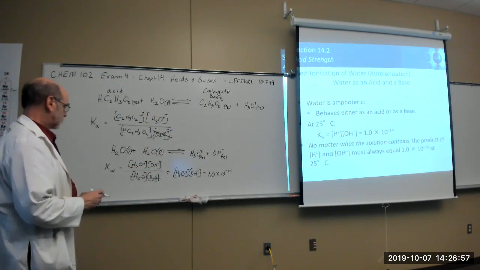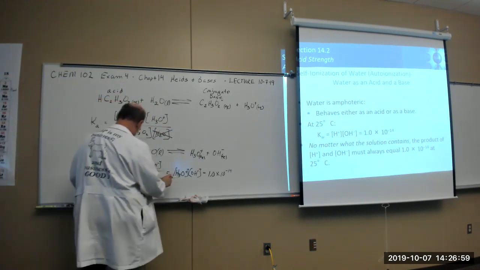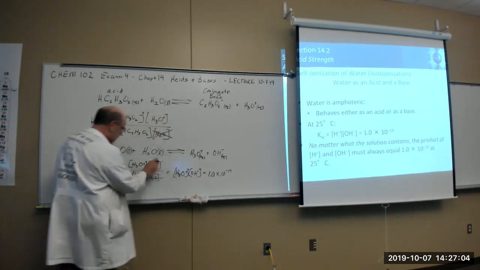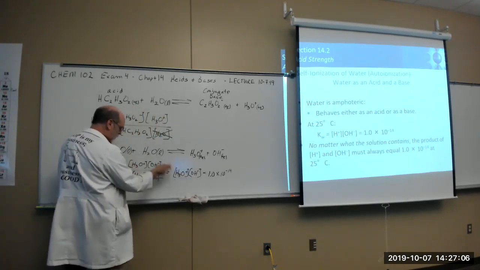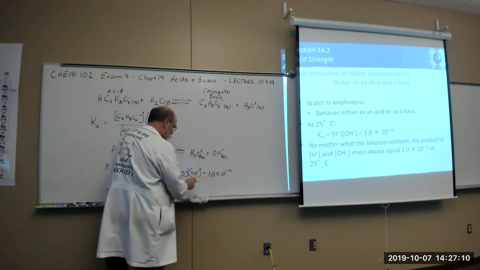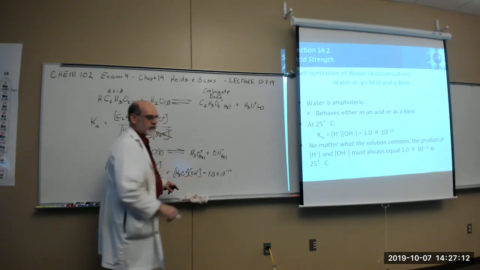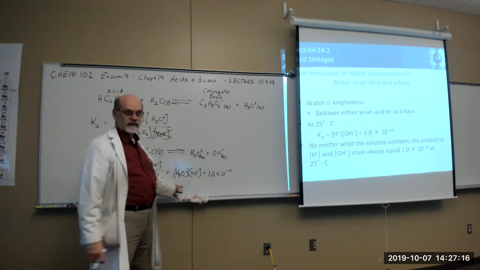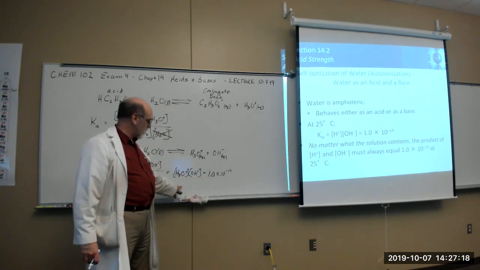By the way, if both of these come from a similar source, like one from this one and one from that one, and they yield this, what are the concentrations of those two? They have to be equal, don't they? Because they come from the same place.